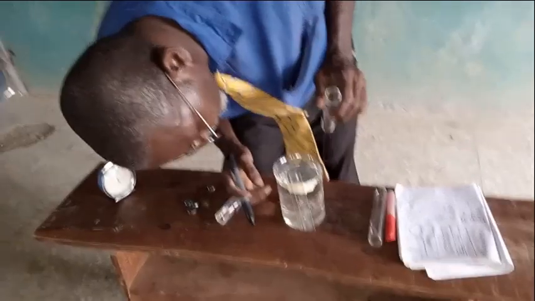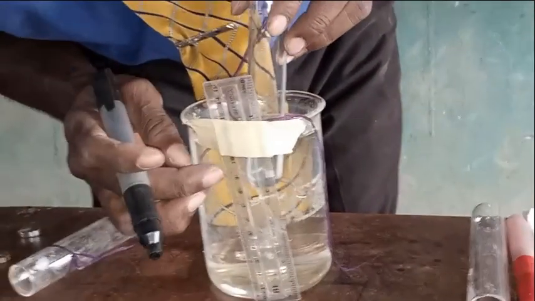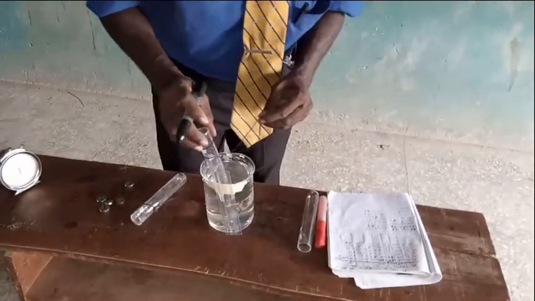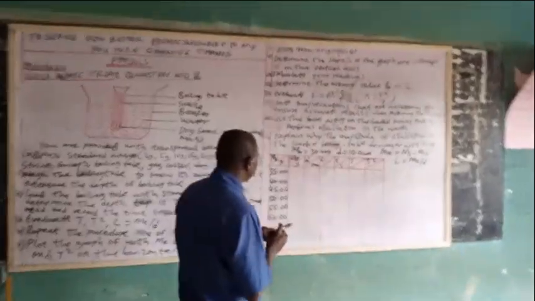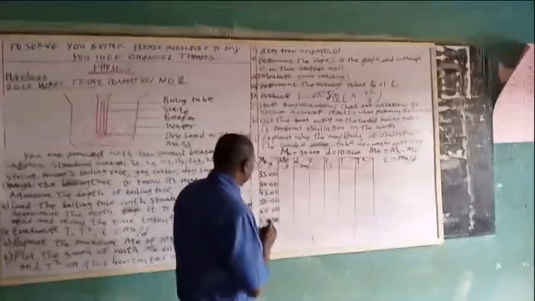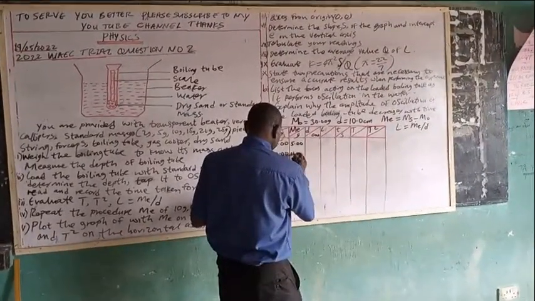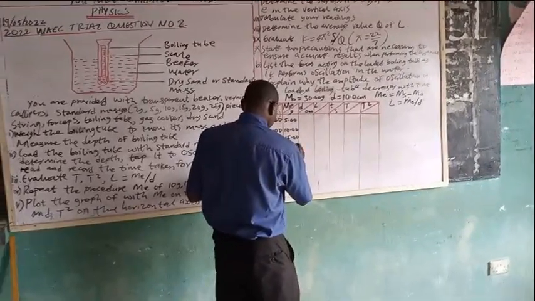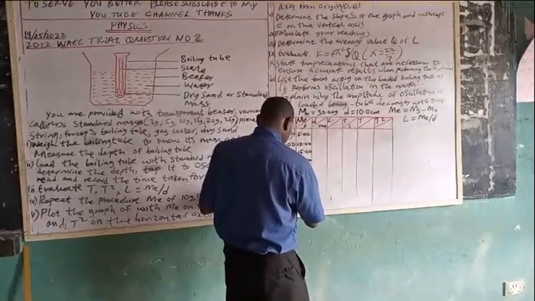The depth is 12 centimeter, and it stops at 9. So when you remove, this is for 5 gram, this is for 10 gram, 15 gram, 20, 25, 30.